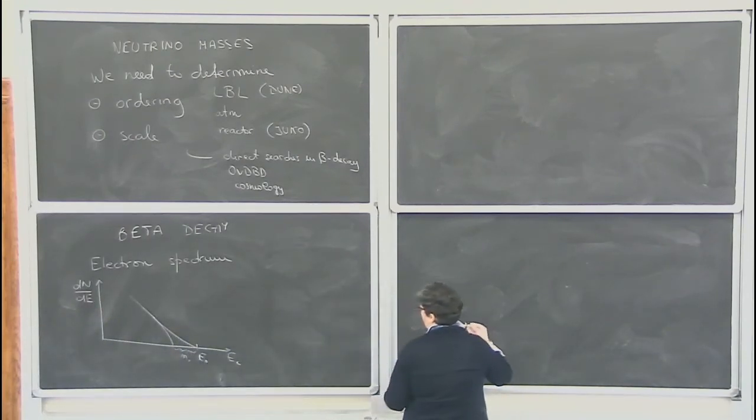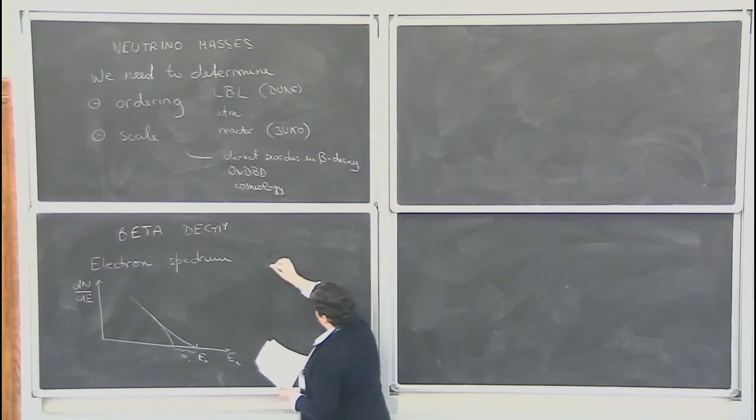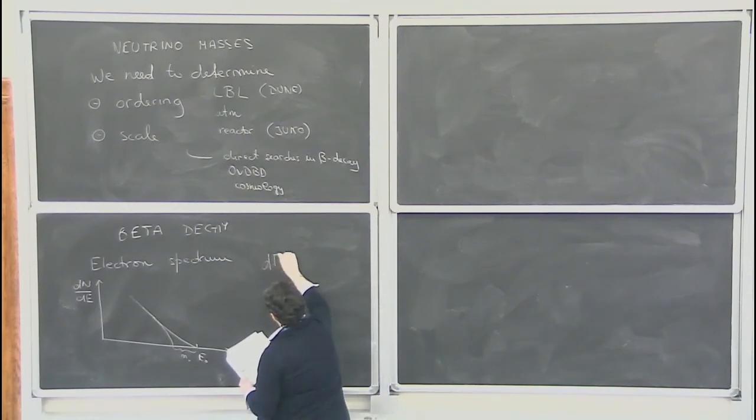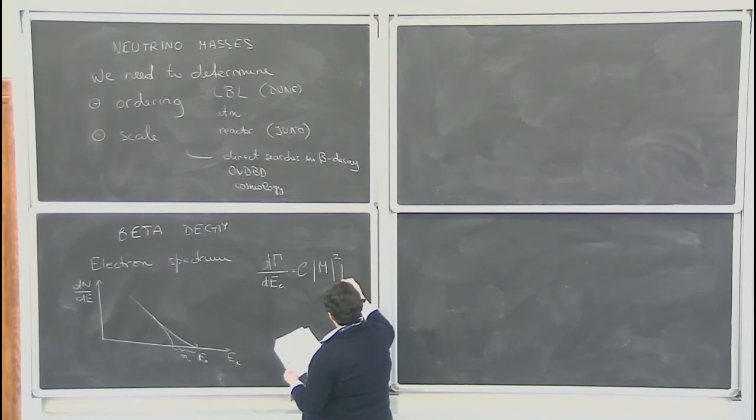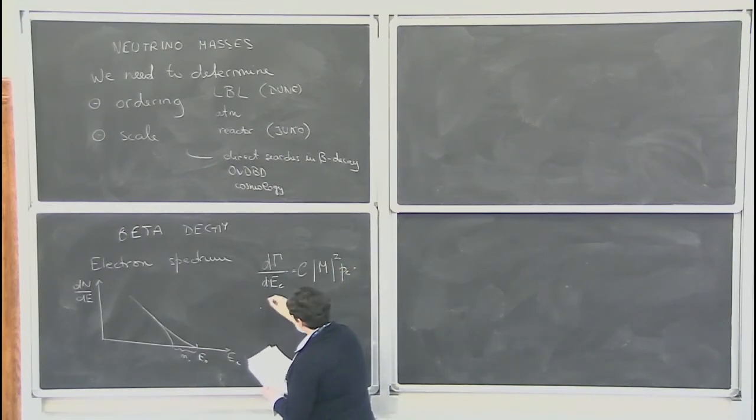In particular, maybe we can write down more precisely the differential decay rate in terms of the electron energy. There will be some constant. Then I have the nuclear matrix elements squared, the momentum of the electron multiplied by the energy of the electron plus the mass of the electron.